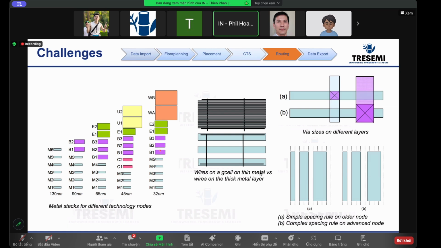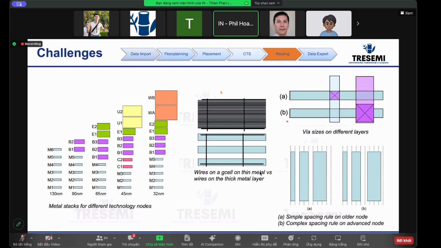And if I can add to that, you might wonder why, right? As you know, when you get to smaller nodes, the RC delays become more prominent compared to the transistor delays, because the transistors shrink faster than the RCs.